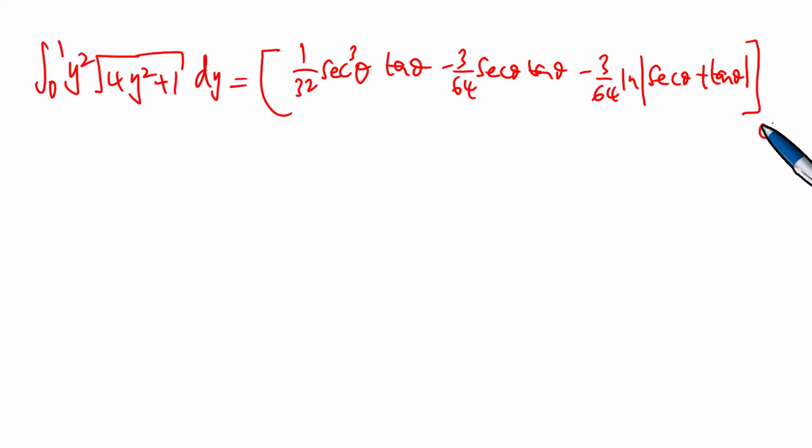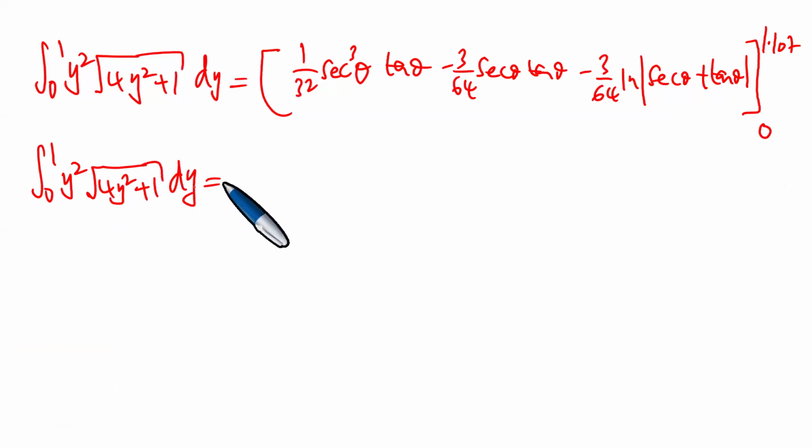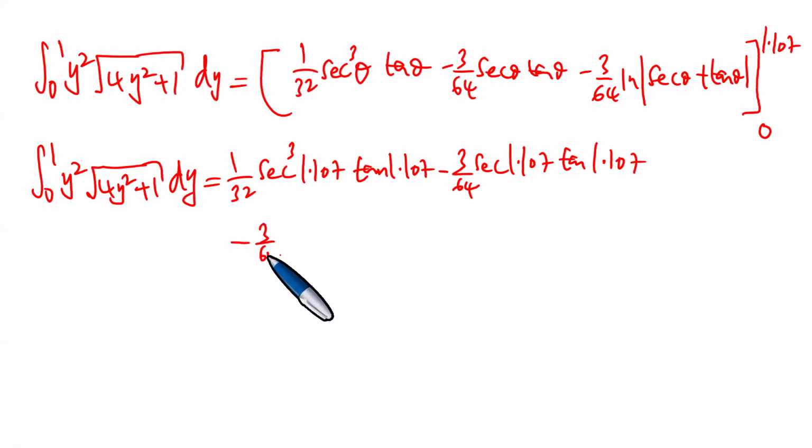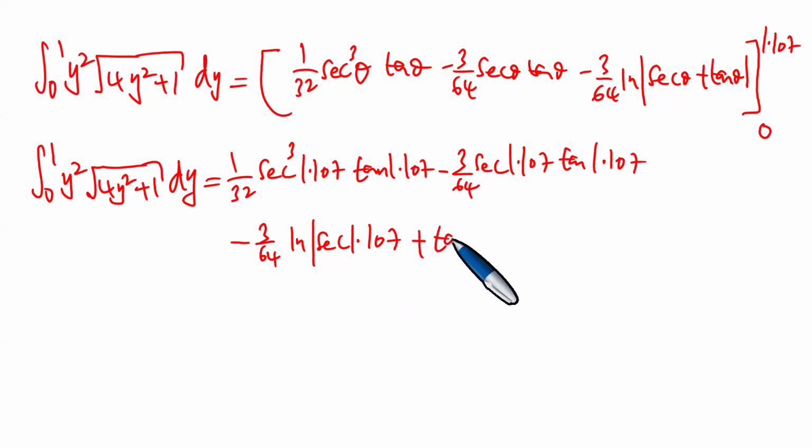So we have 1/32 the secant cubed of 1.107 times the tangent of 1.107, minus 3/64 the secant of 1.107 times the tangent of 1.107, minus 3/64 the ln of the secant of 1.107 plus the tangent of 1.107, with absolute value around the secant and tangent summation.